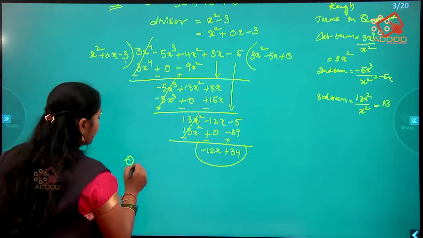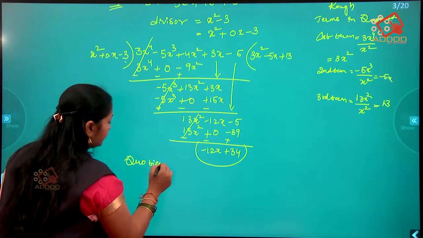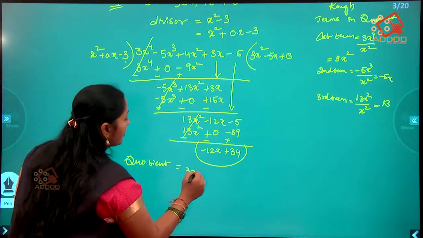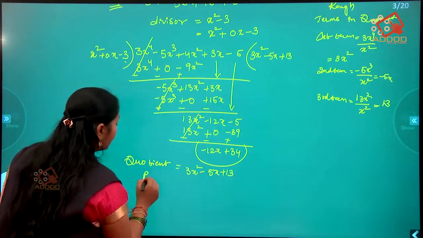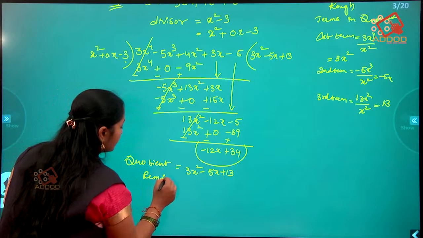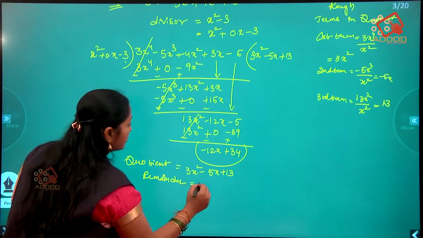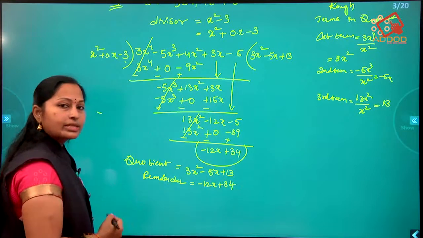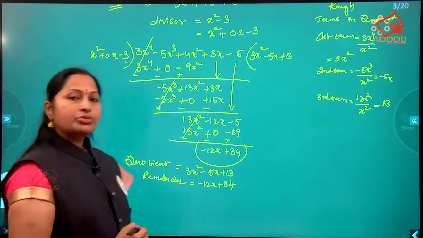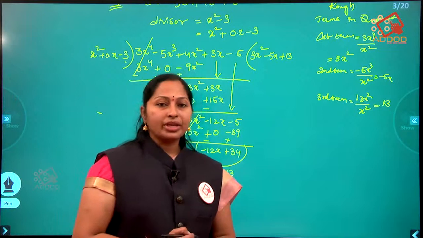The quotient is 3x square minus 5x plus 13 and the remainder is minus 12x plus 34. Okay students, after finding this, in this question they are also asking for verification.